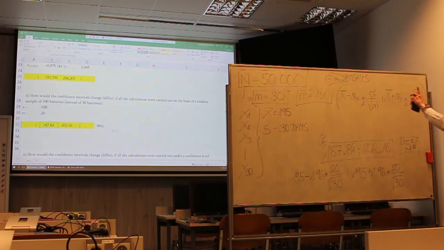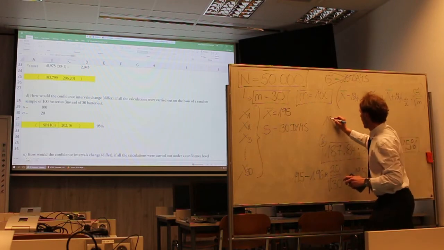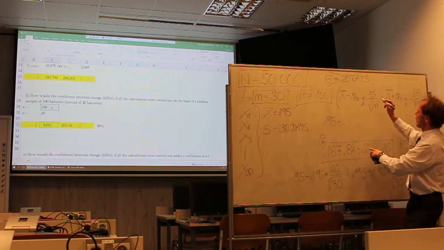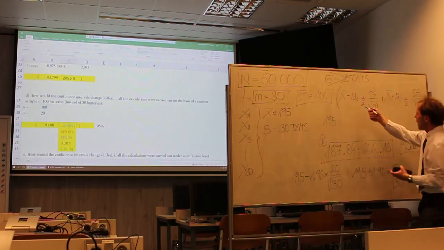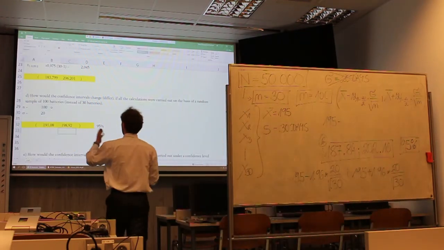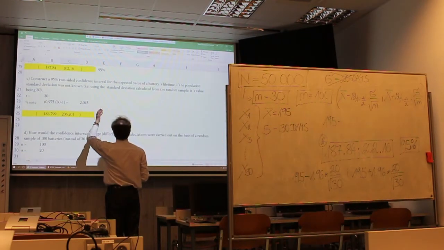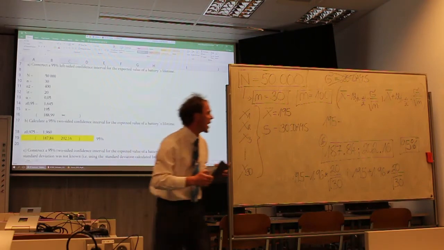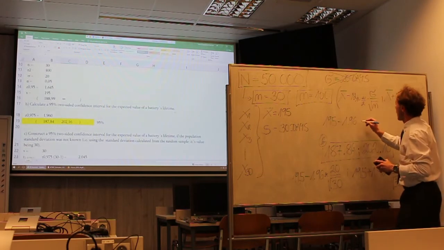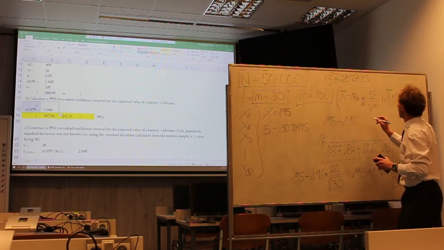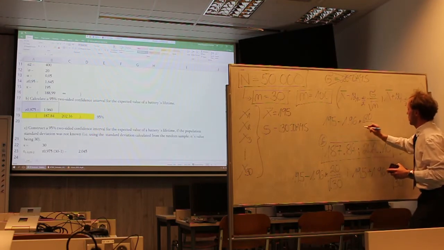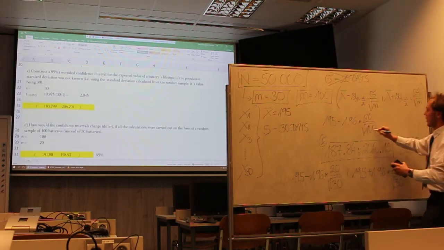And now I will use 195 minus the quantile of the standard normal distribution. We are still using a 95% confidence interval, so the quantile is the same, 1.96, times sigma 20 divided by square root of 100.